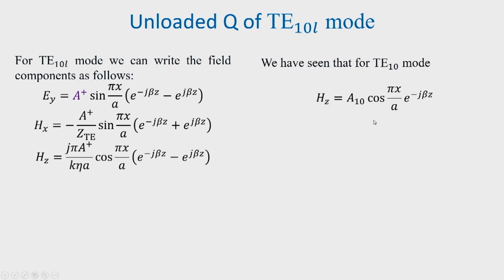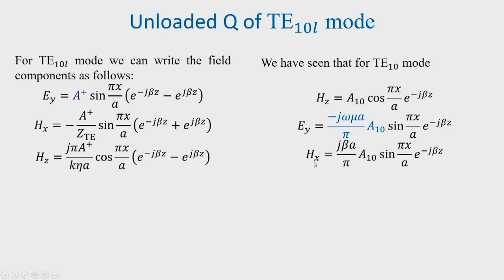For the TE10 mode we had Hz equal to A10 cos(pi x by a) e to the power minus j beta z, and Ey equal to minus j omega mu a divided by pi A10 sin(pi x by a) e to the power minus j beta z, and Hx equal to j beta a by pi A10 sin(pi x by a) e to the power minus j beta z.